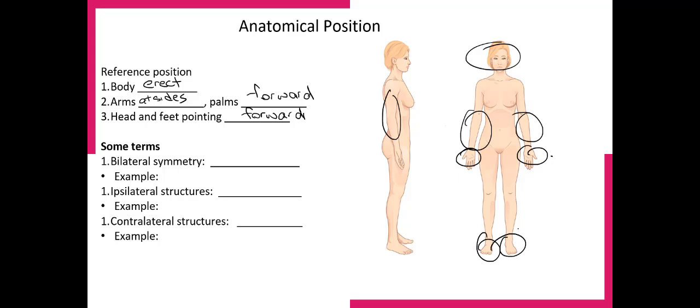In terms of a few other terms, the first term I'm going to cover is bilateral symmetry, right? Symmetry means it's the same. Lateral means sides, and bi means two, right? So when you put the phrase together, bilateral symmetry is you have two sides the same, right? So what you have here is that right and left sides are mirror image.